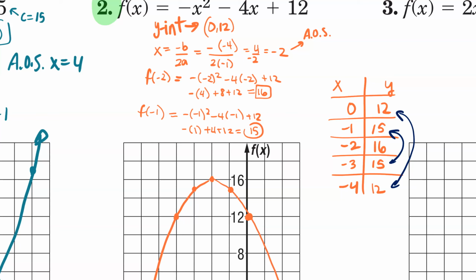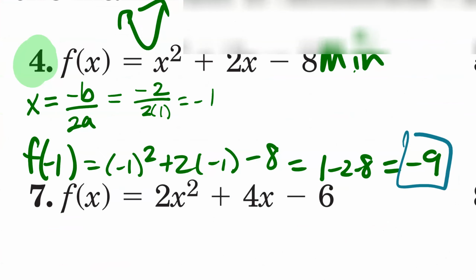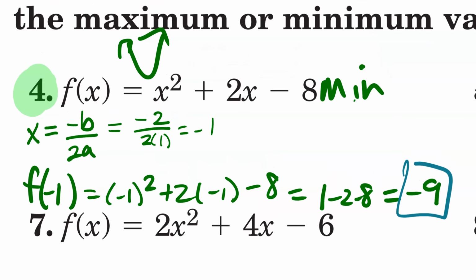Looking if it has a min or max, and then we find the min or max value. Try number 4. Okay. So once you're done, you can check your solution on the board. So we look at the a value, the coefficient in front of x squared.